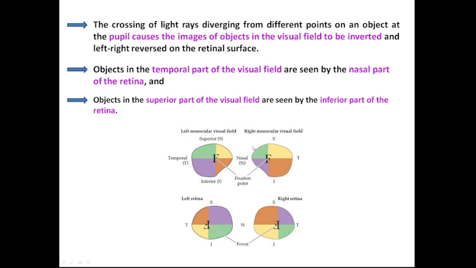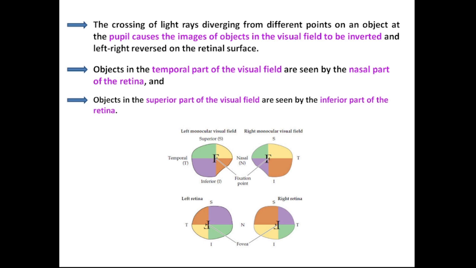The crossing of the light rays diverging from different points on the object at the pupil causes the image of the object in the visual field to be inverted and left-right reversed on the retinal surface. So whatever you are seeing, the image is being inverted and also flipped, that is, left and right.